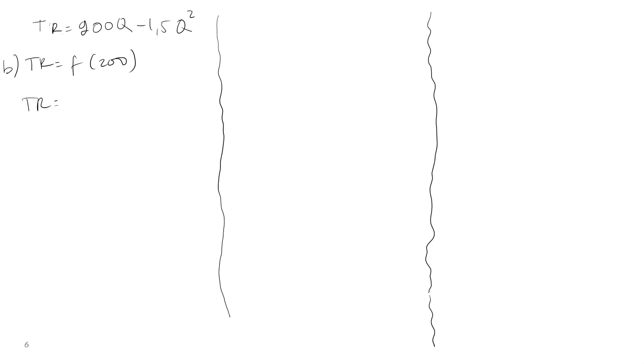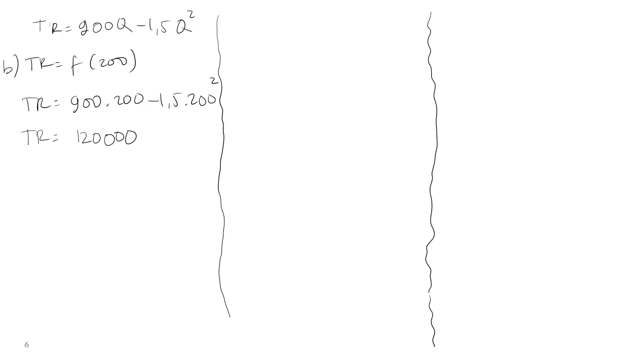So TR will be 900 times 200 minus 1.5 times 200 squared, and that is 120,000.